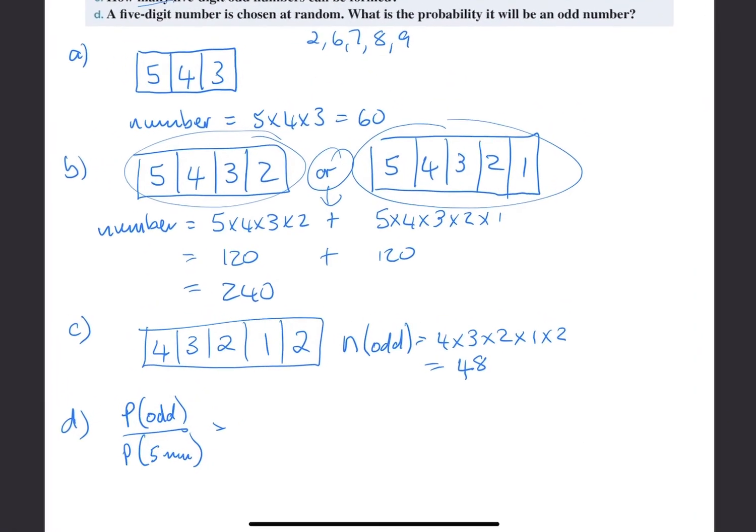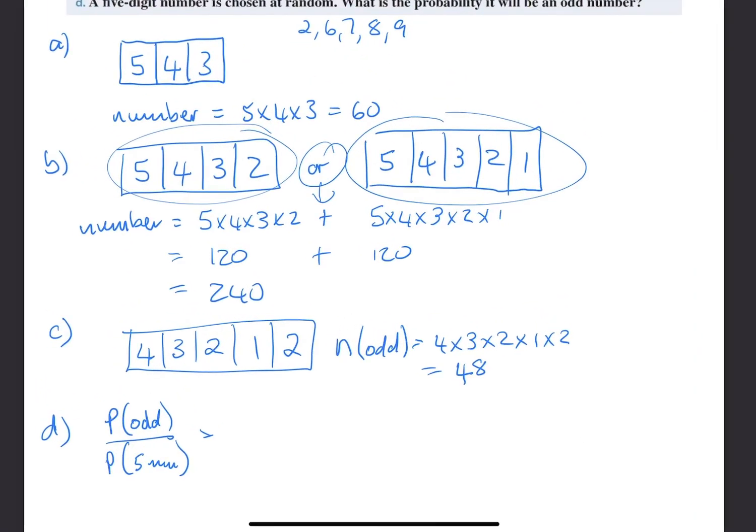We've calculated how many 5-digit numbers there are. The number of 5-digit numbers is not a probability, it's supposed to be a number, so I'm going to quickly change that to read correctly. So the probability is the number of odd numbers out of the number of 5-digit numbers.